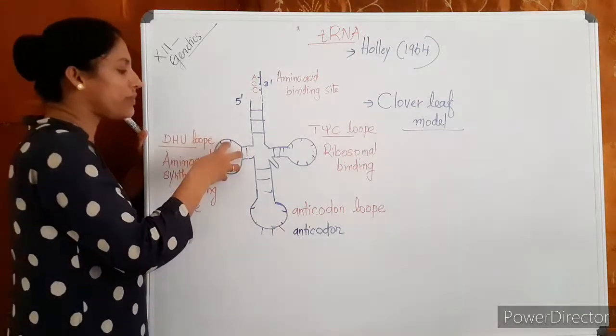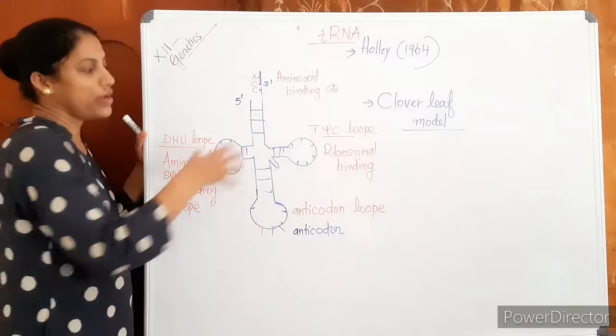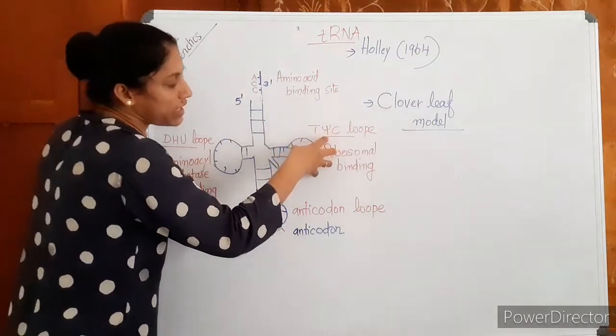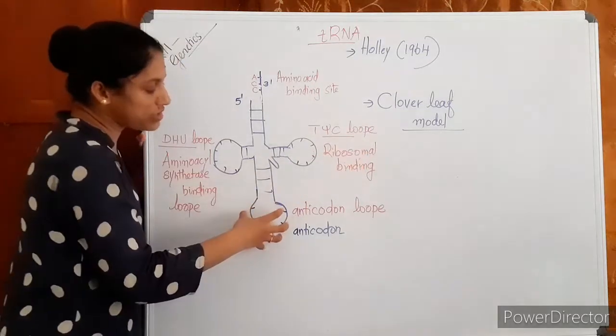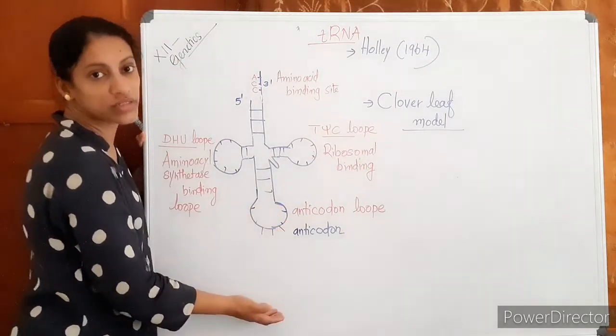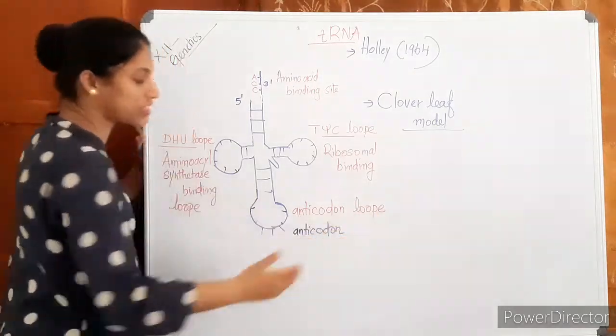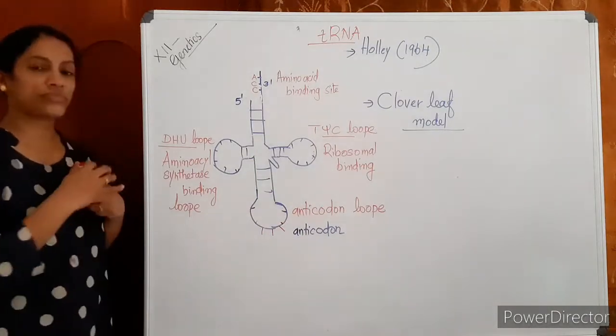With this portion, the tRNA attaches to the enzyme. With this portion, tRNA attaches to the ribosome. With this portion, tRNA attaches to what? mRNA. We will discuss it. So this is reading the frame. We will discuss that section in detail.